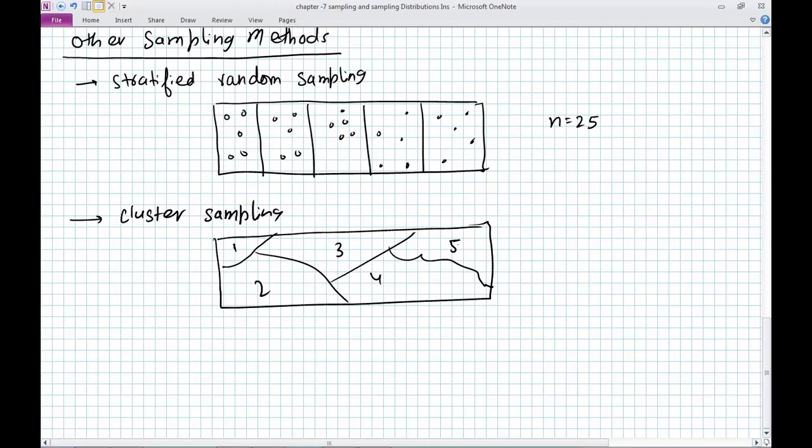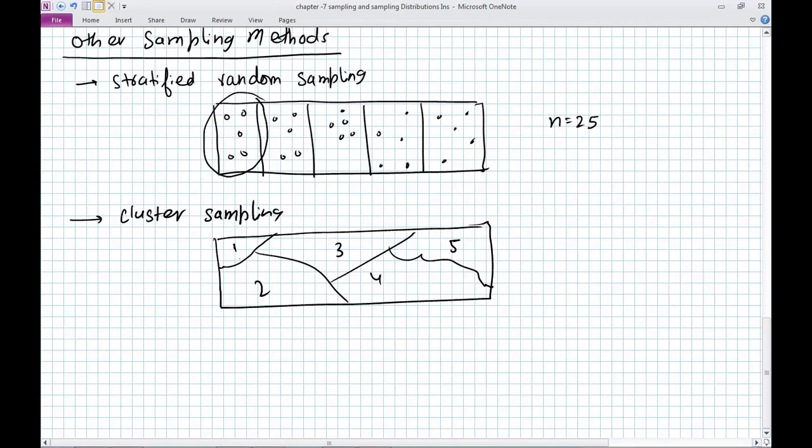Now the key difference between cluster and strata is that within the strata you have a lot of similarity, like everybody with a high school degree or everybody within the group with a PhD degree. So a lot of similarity. But in cluster, there's a lot of variation. Probably a cluster could be different states, so people in say Massachusetts or people in California. So within the cluster, there's a lot of variability.